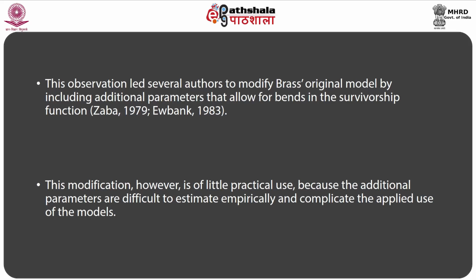This observation led several authors to modify Brass' original model by including additional parameters that allow for bends in the survivorship function, Zaba 1979, Ewbank 1983. This modification, however, is of little practical use because the additional parameters are difficult to estimate empirically and complicate the use of the models.